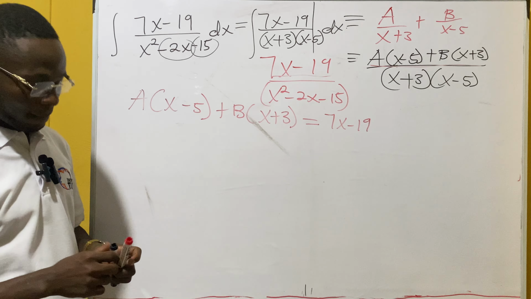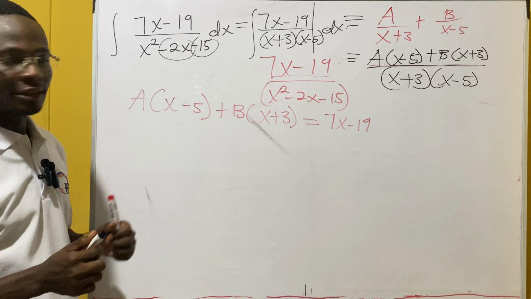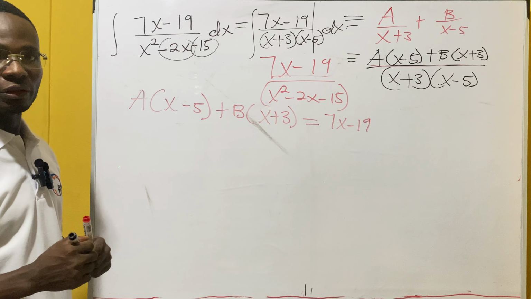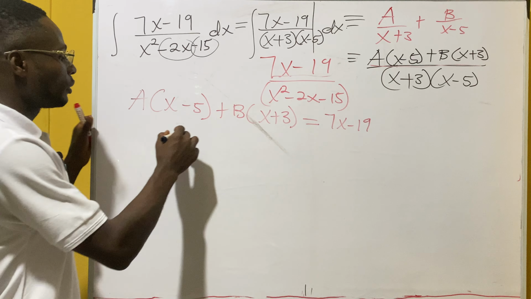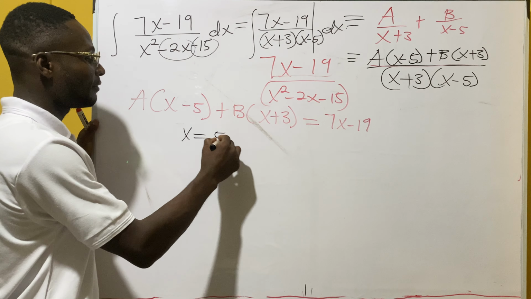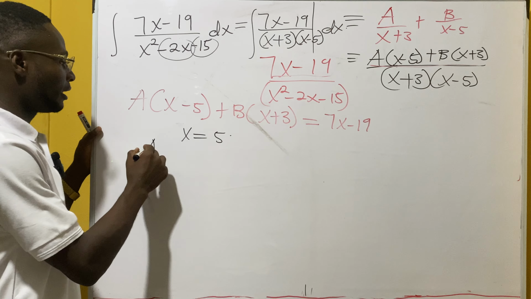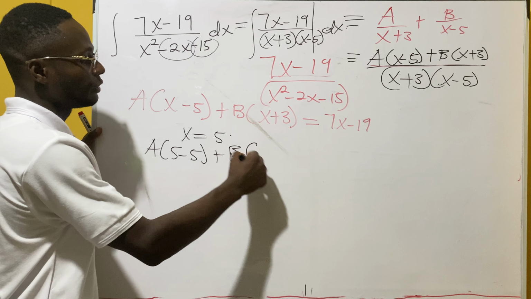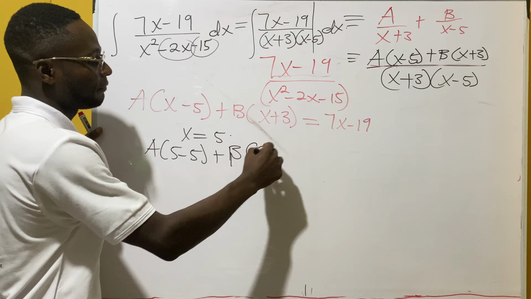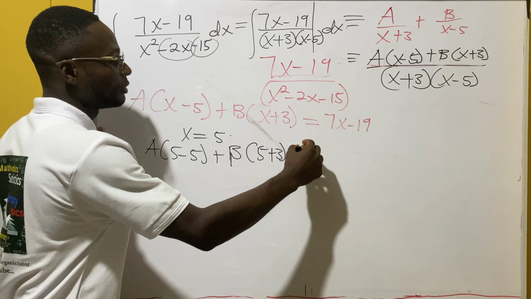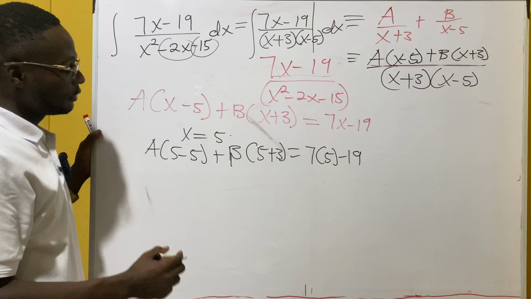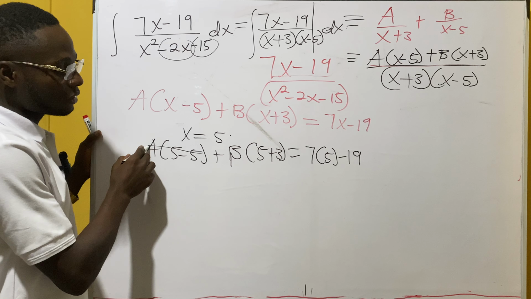So right here, let's assume that x equals positive 5. So when x equals 5, then we have A into 5 minus 5 plus B into 5 plus 3, and that should be equal to 7 into 5 minus 19. So right here, this goes away.